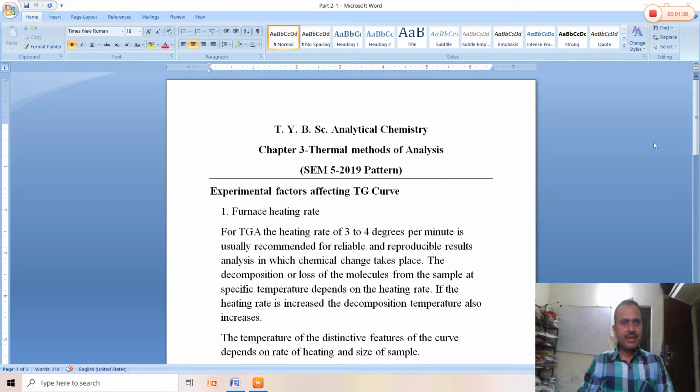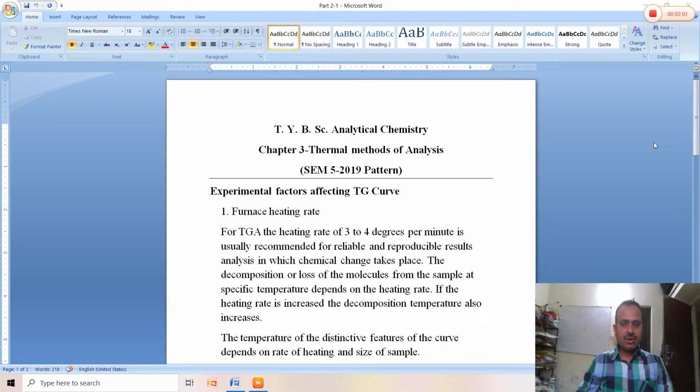In every TGA curve a chemical change takes place because chemical reactions are involved. The sample is uniformly heated at 3 to 4 degrees per minute for reliable and reproducible results.